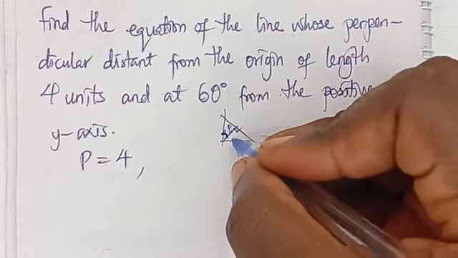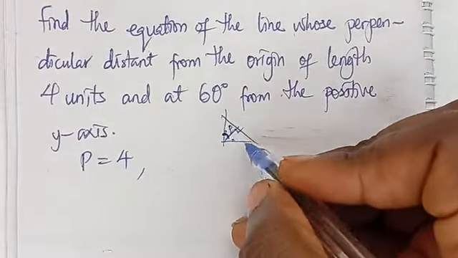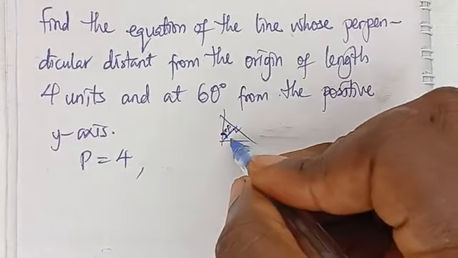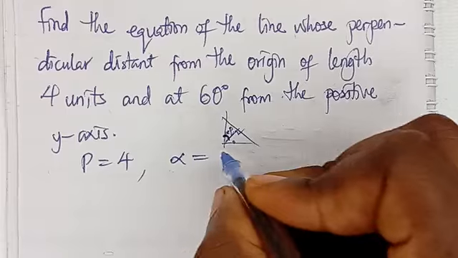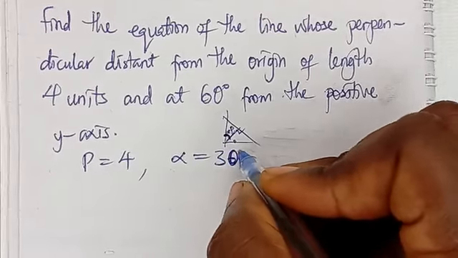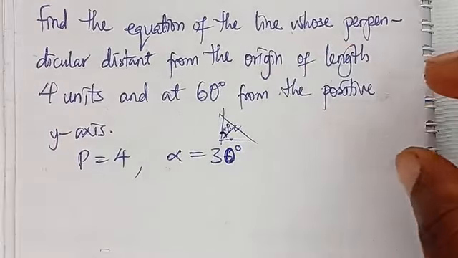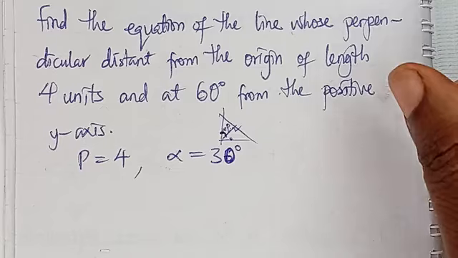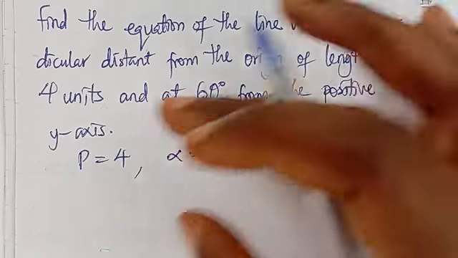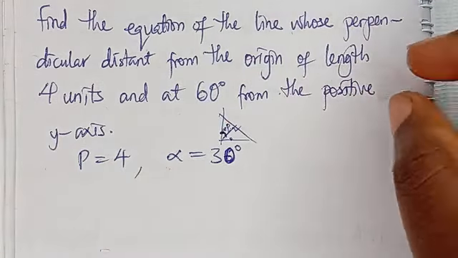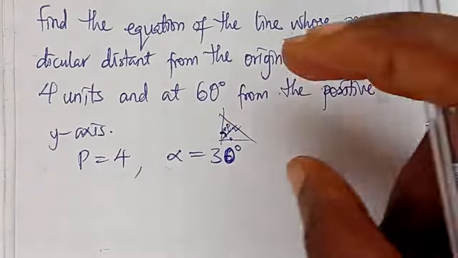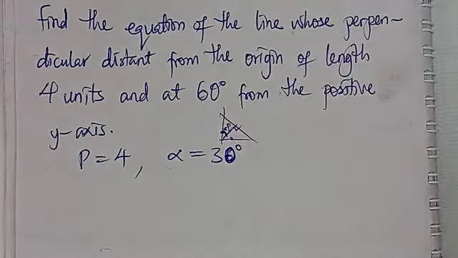So the angle is here, whereby we are interested in this. So this is angle 90. If here is 60, that means here is 30. That means the alpha we are interested in is 30 degrees. So always make sure you get that the angle is not just positive y-axis, that it must be the angle with the positive x-axis.